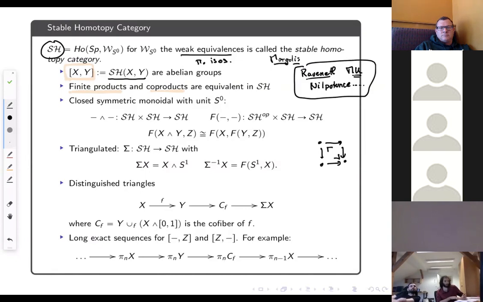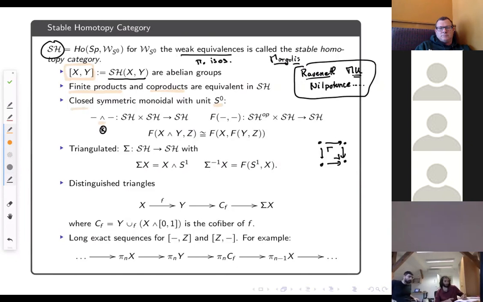Okay. So it's a closed symmetric monoidal category, and the unit is the sphere spectrum. The symmetric monoidal product, people often denote as a smash product. In recent literature, people also just write it as a tensor. And being closed means that there's an internal HOM object.